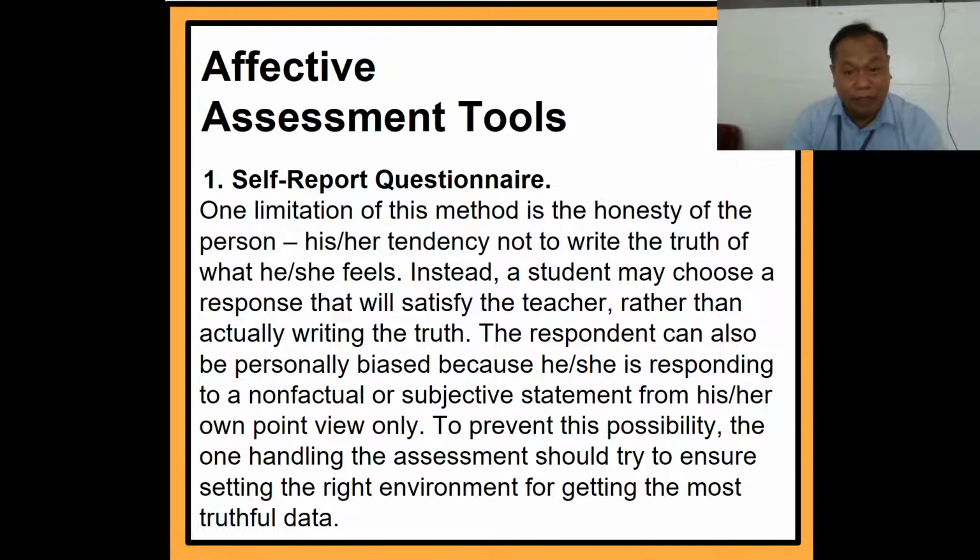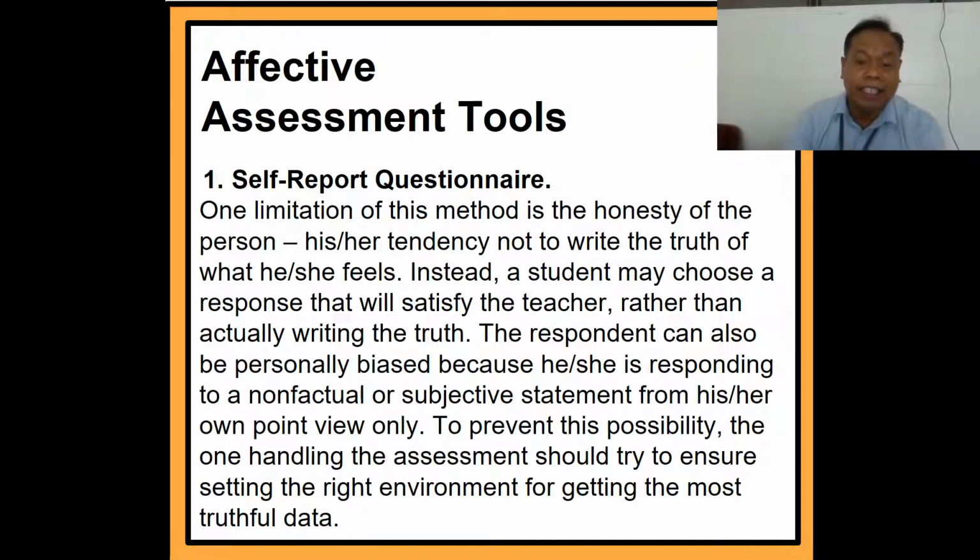One limitation, of course, of the self-report questionnaire is the honesty of the person, the tendency not to write the truth of what one feels. Instead, the student may choose a response that will satisfy the teacher rather than actually writing the truth.